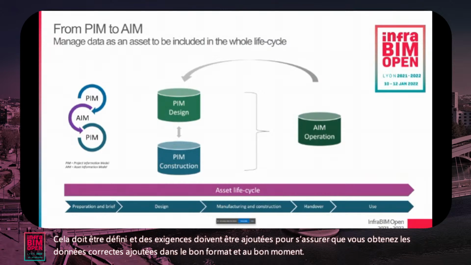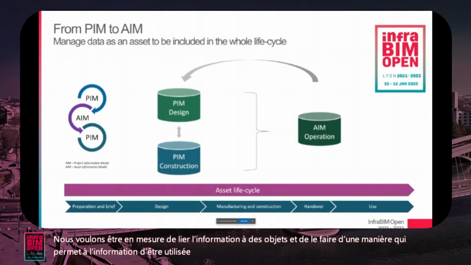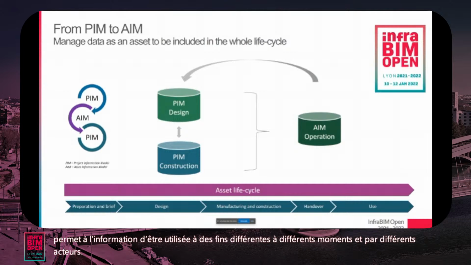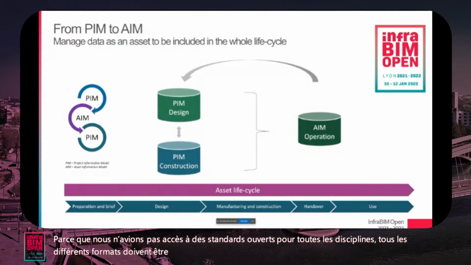We want to be able to link information to objects, and to do so in a way that allows the information to be used for different purposes, at different times and by different actors. Because we did not have access to open standards for all disciplines, all the different formats must be managed and different methods must be used for different files.